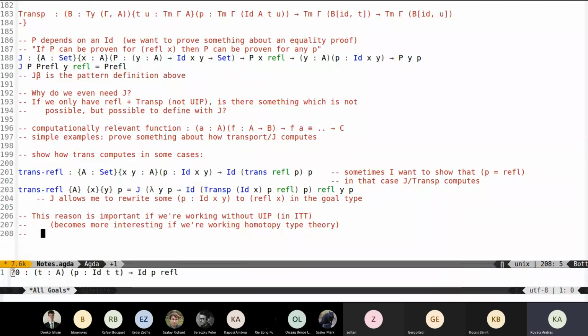So just a quick word about homotopy type theory. Homotopy type theory basically adds axioms which are incompatible with UIP.